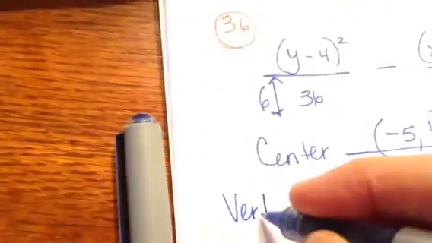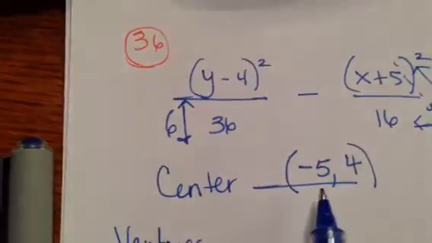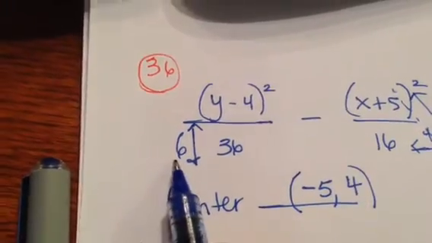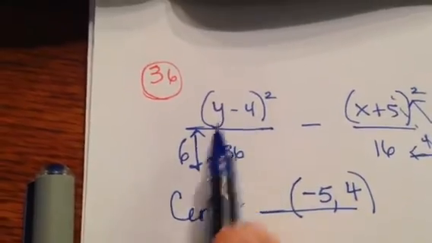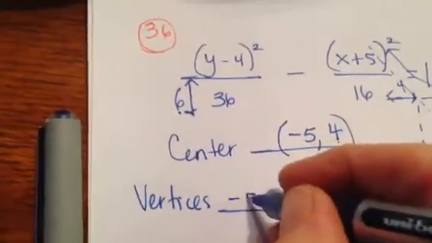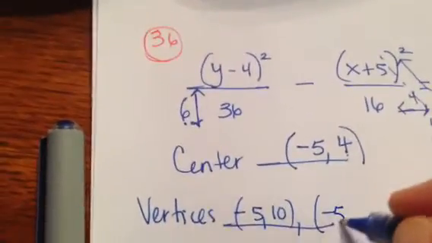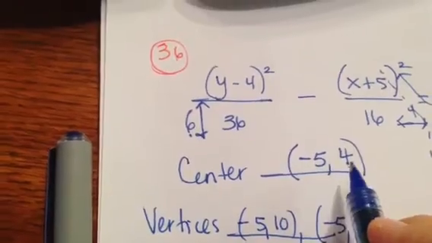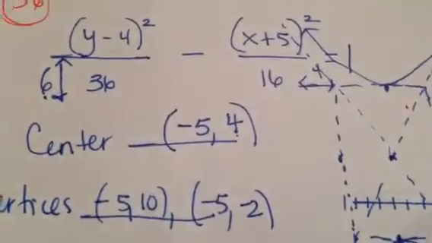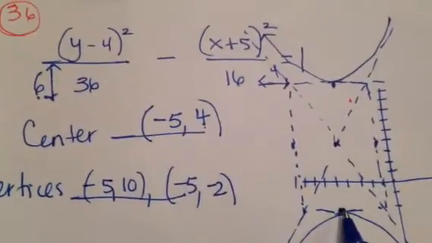Another way to do it, and this is probably my favorite way because my graphs are not the best, take your center point, and I went up and down 6 on the y. See, it's under the y. So one time I'm going to add 6 to this, which is going to give me negative 5, 10. And one time I'm going to subtract 6. 4 minus 6 is negative 2. And you can see that's right where I'm at. Negative 5, negative 2, right there. So that's kind of cool.